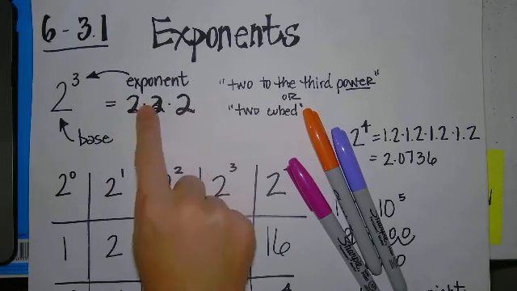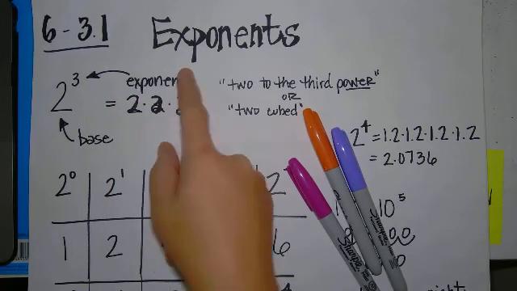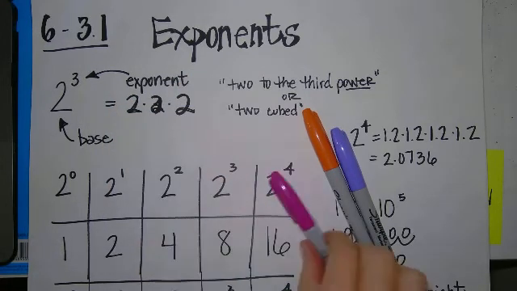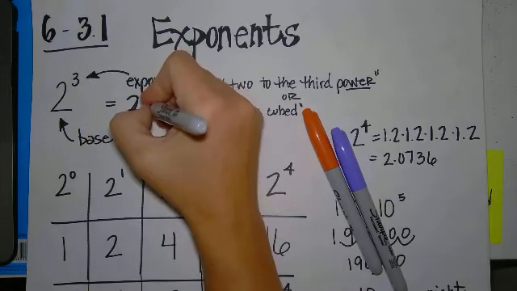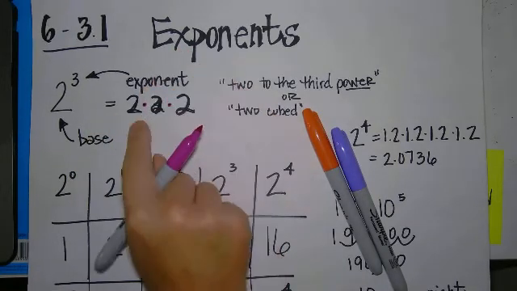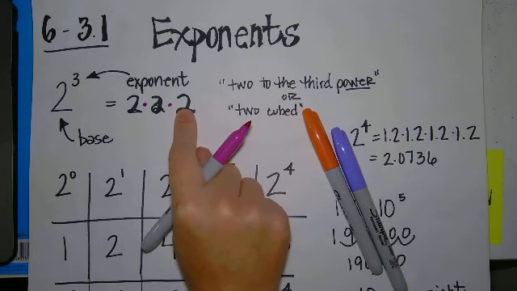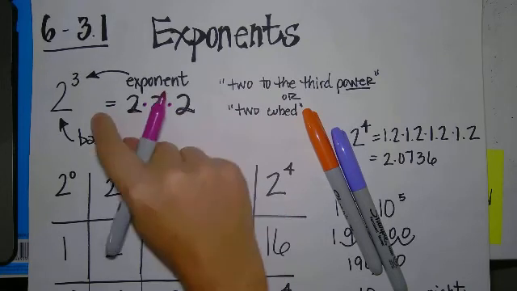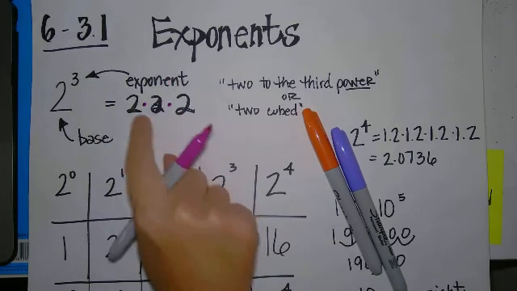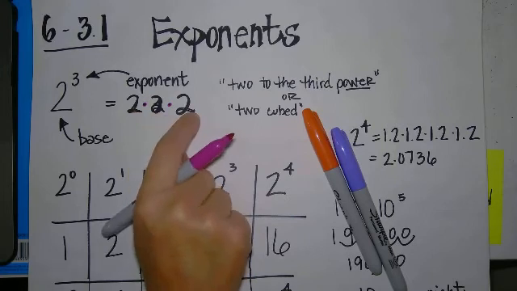So the place where kids go wrong when it comes to exponents is they forget that this right here is a multiplication sign. So this is not 2 plus 2 plus 2. That would be 2 times 3. That is not 2 times 3. This is 2 times 2 times 2.